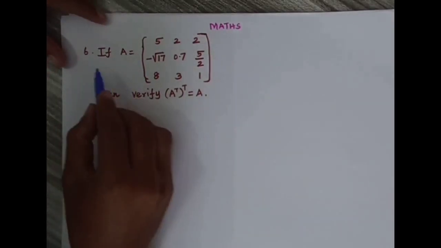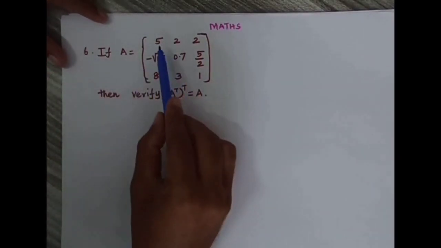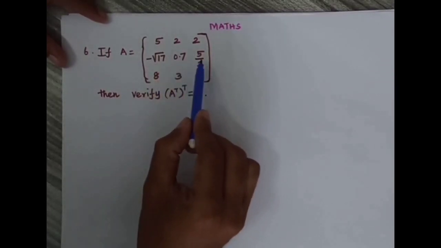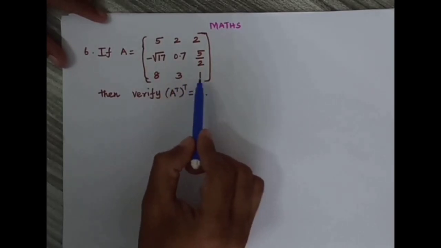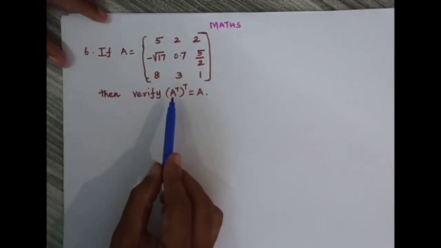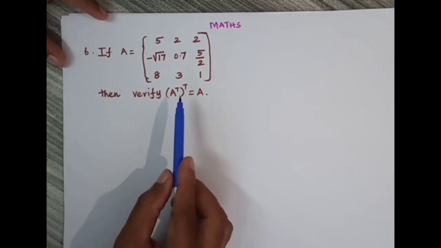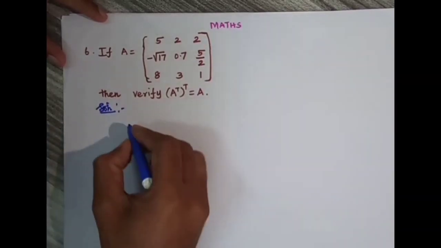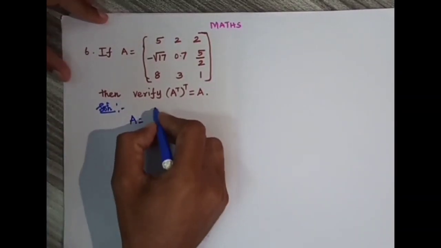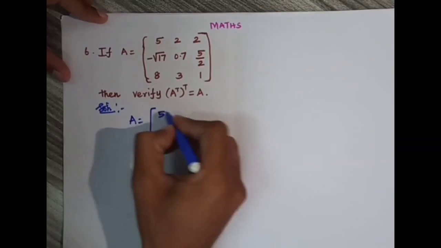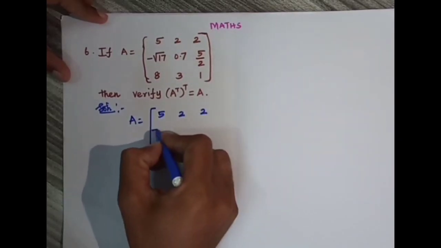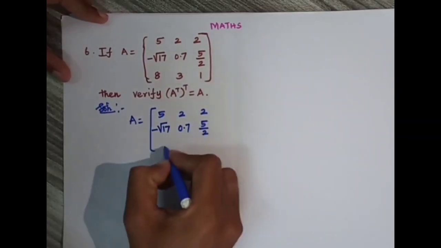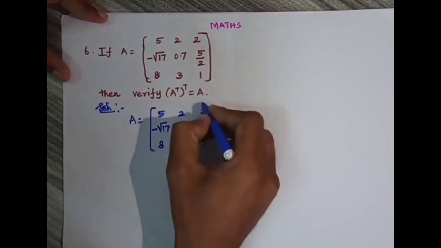Sixth one. If A is equal to 5, 2, 2, minus root 17, 0.7, 5 by 2, 8, 3, 1, then verify that A transpose whole transpose is equal to A. A is 5, 2, 2, minus root 17, 0.7, 5 by 2, 8, 3, 1.